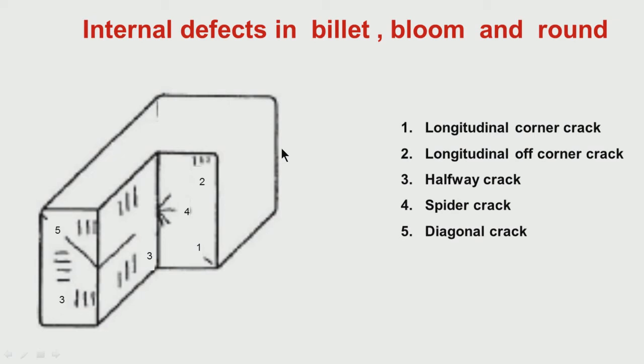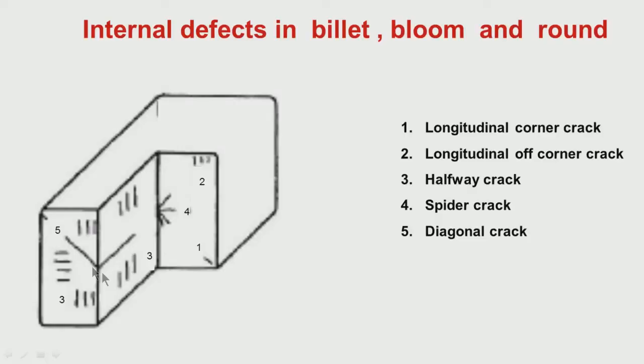What are internal defects? Defects which you cannot see on the surface; you can see them only at a cross section. So, we have to take a cross section, whether this cross section or this longitudinal section, then only you can see those defects. Now, let us see what are those defects.